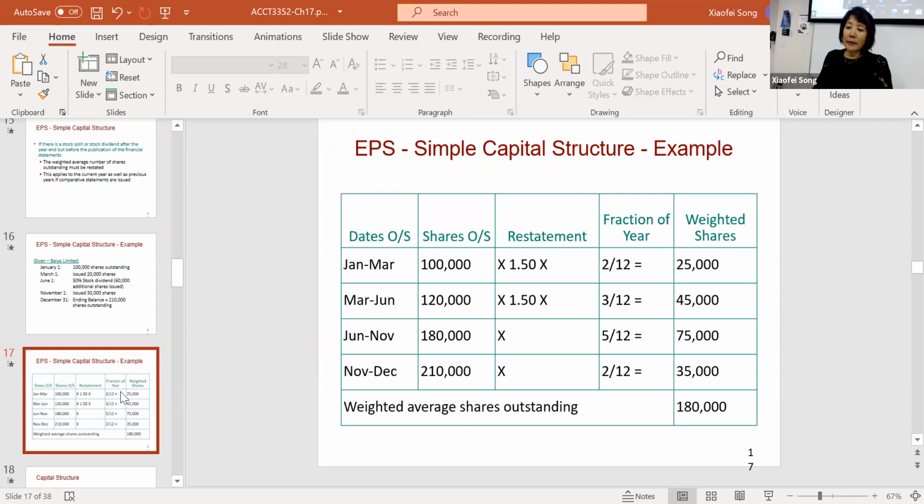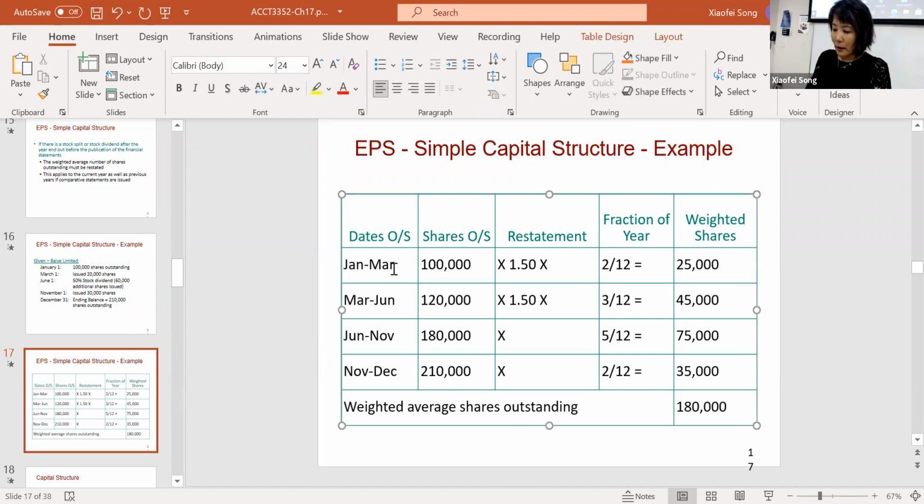As I said, actually this is not the truth; this will be more accurate. It is January, February, because it changed March 1st, right? If you just roughly count by month, it should be January, February, and then March to May, because they changed on June 1st.